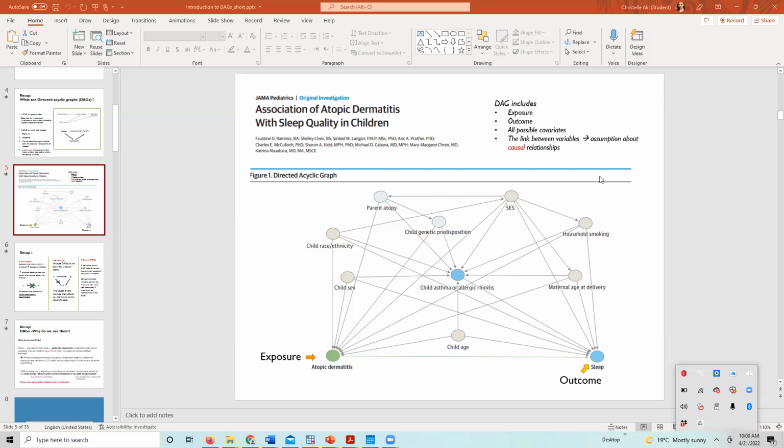But analysis is always systematic. It goes from descriptive to univariate or bivariate, to unadjusted association, to adjusted association. So the process is the same, but how you understand the nature of the relationship is different.